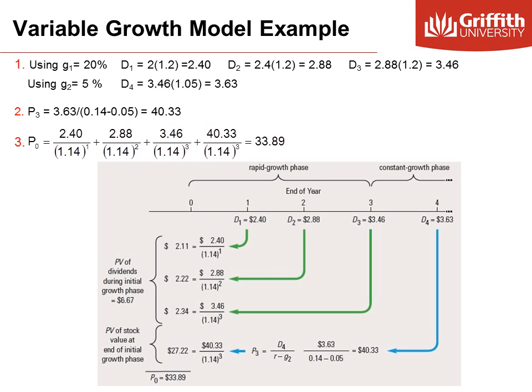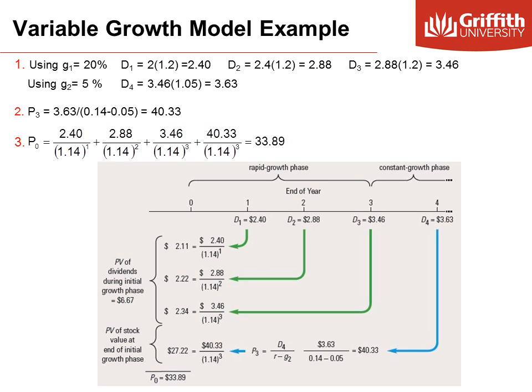Then in year 3, the growth rate changes to 5%. And we use that growth rate to find D4. So based on D3 of $3.46, we multiply by 1.05, the growth rate in year 3, and we find the dividend in year 4.